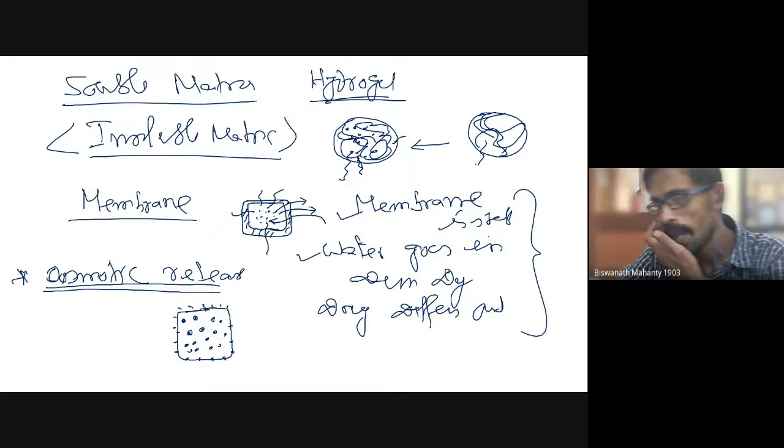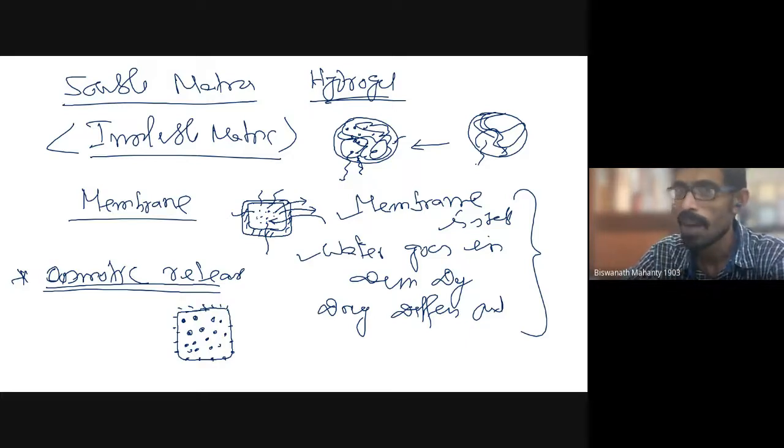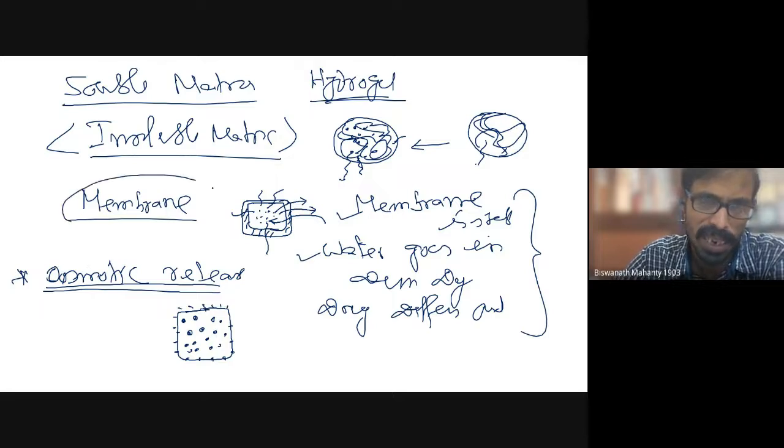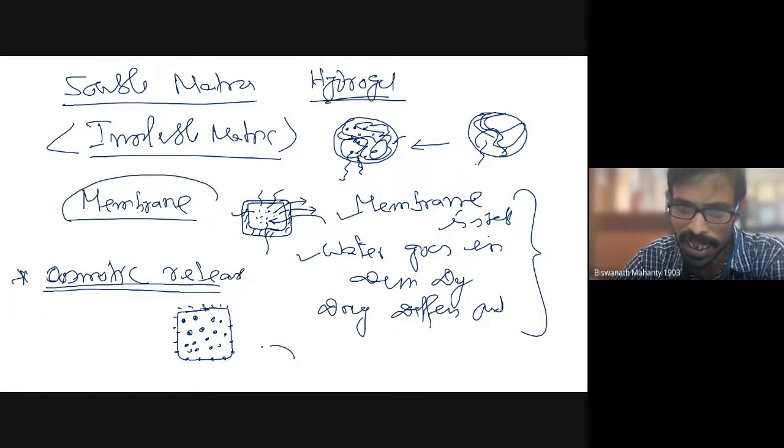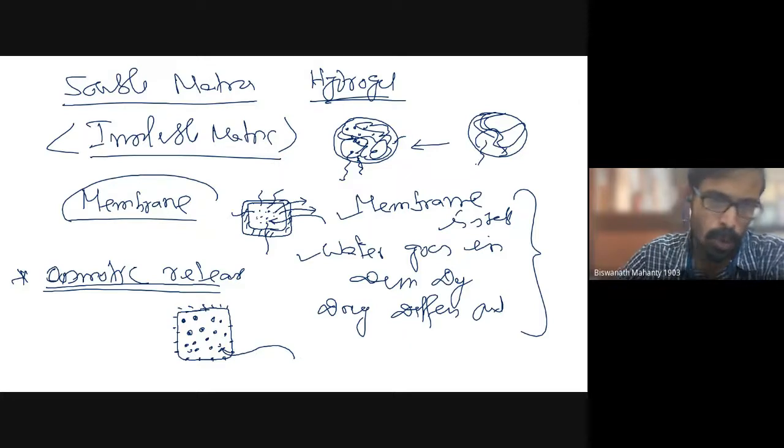So what is happening there is somehow different from membrane-based release. What is happening? Water is coming in. That is always obvious, no issue. Water is building pressure, so osmotic pressure is increasing.